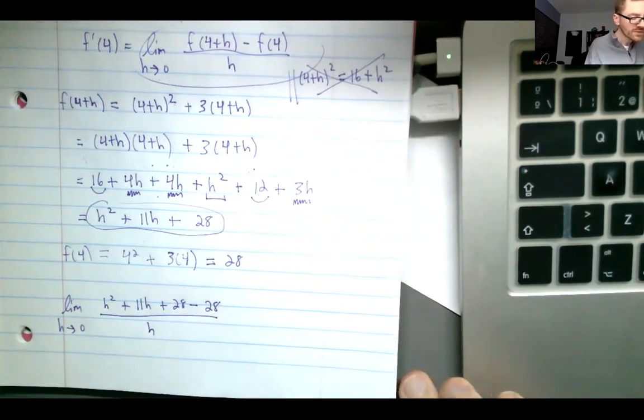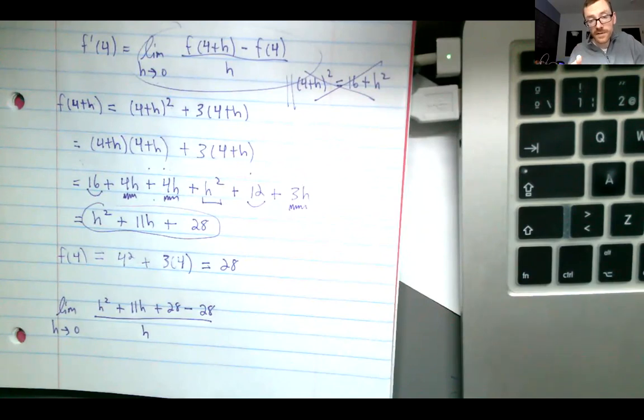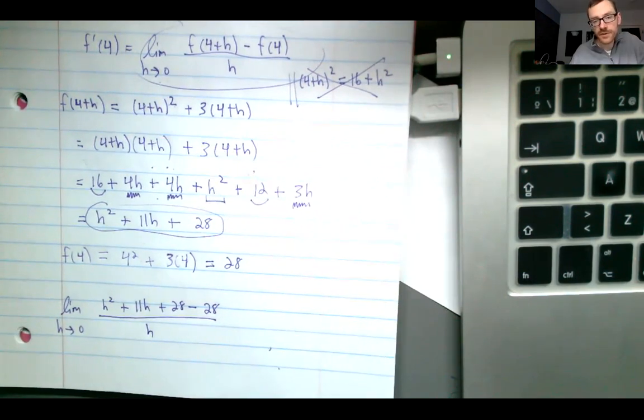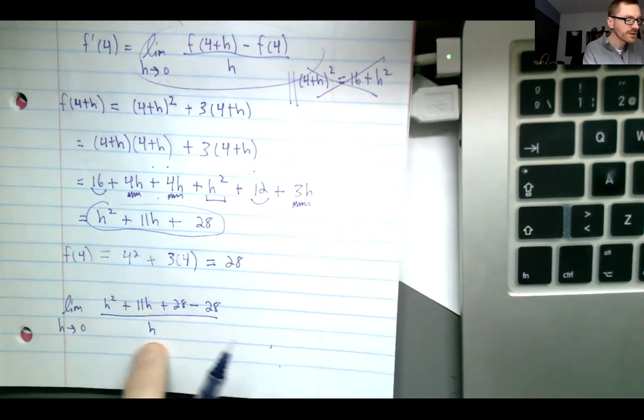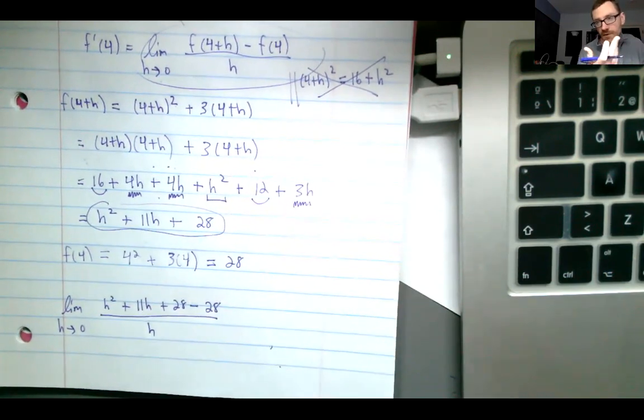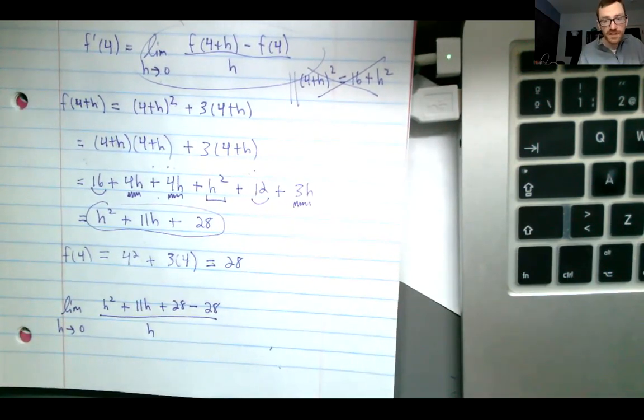Now we're going to try to actually evaluate this limit. As usual, if you try plugging in the number, you get 0 over 0. If you just replace the h with a 0, the whole numerator will be 0 and the bottom will also be 0. So this thing needs to be simplified.